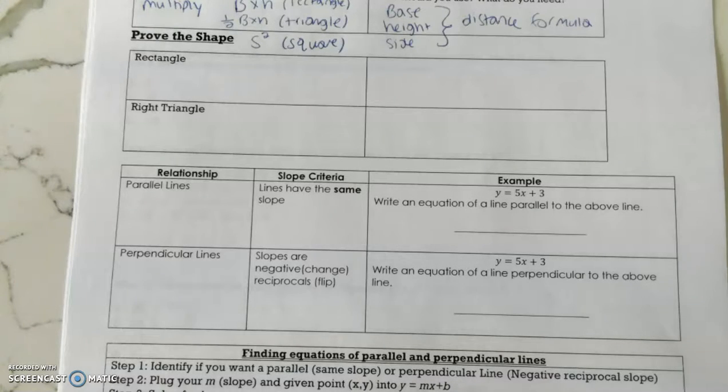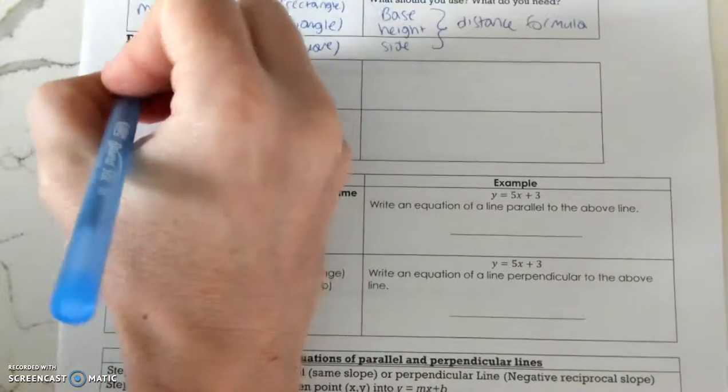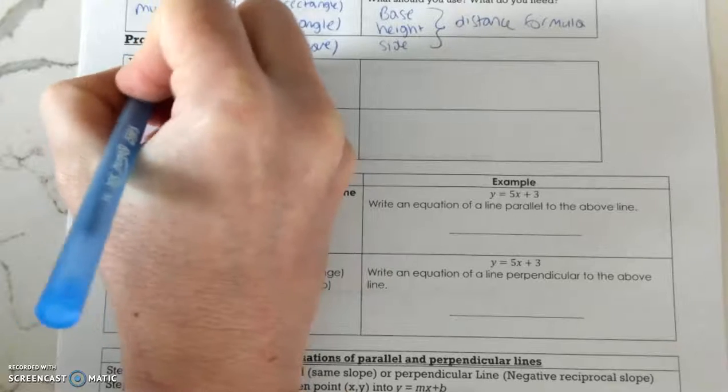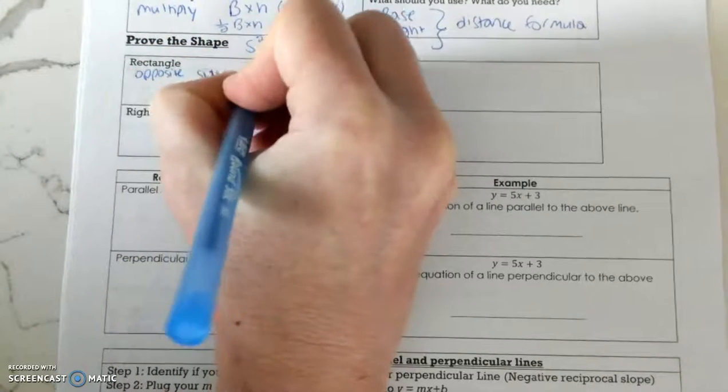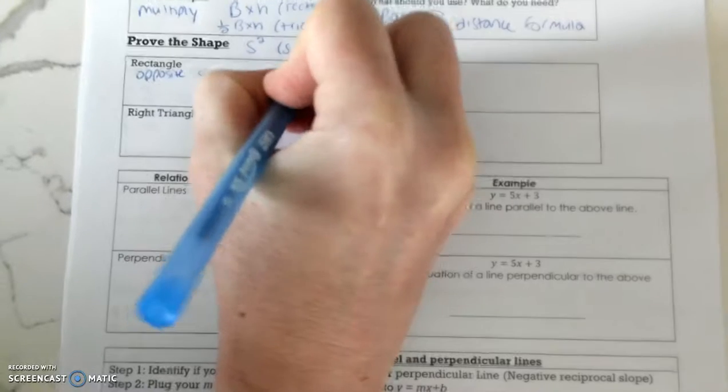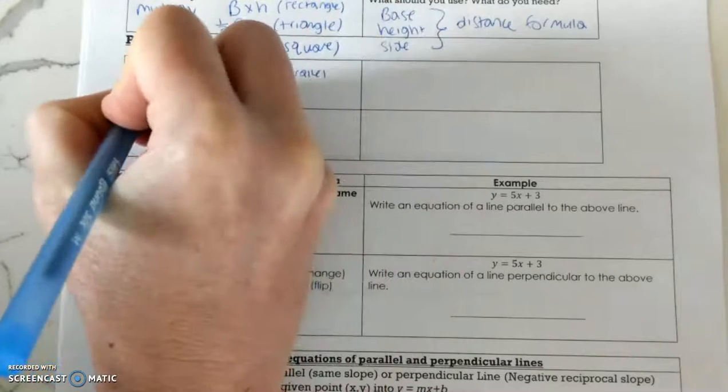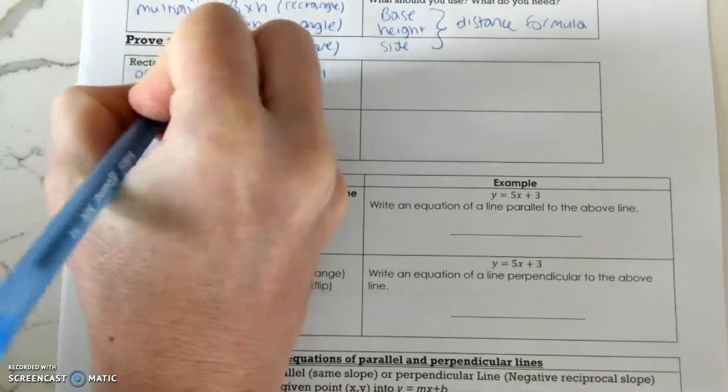Proving the shape. I know how you all love to win arguments, so let's win an argument about proving this shape. Rectangles: opposite sides are parallel. Opposite sides are also congruent.